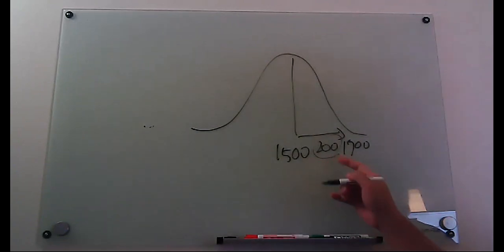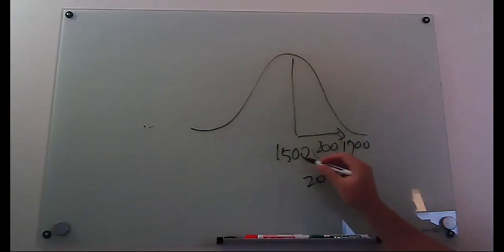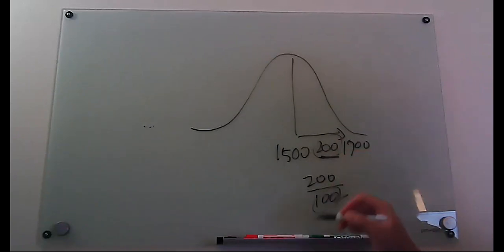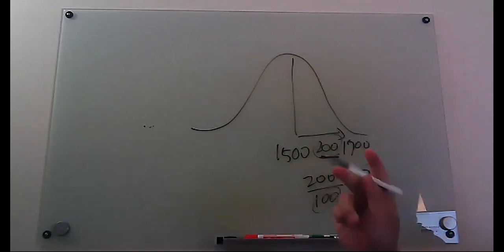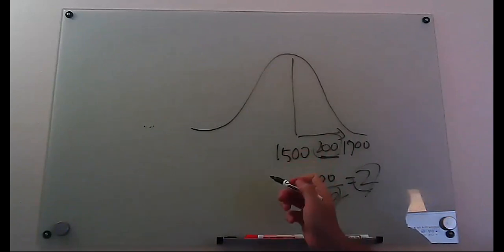So the 200 difference is divided by the standard deviation, which I just gave you in this example, 100. That is 2.